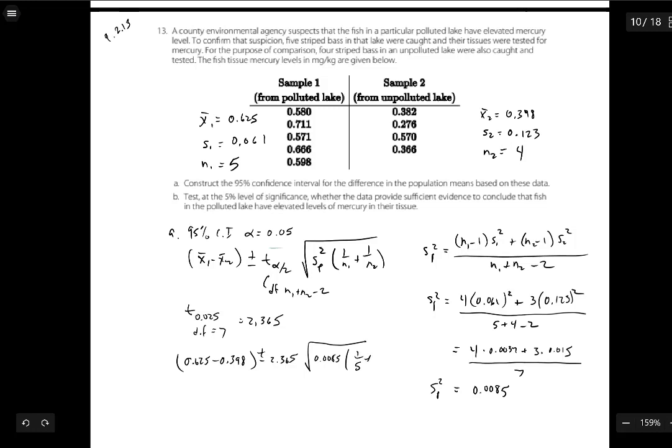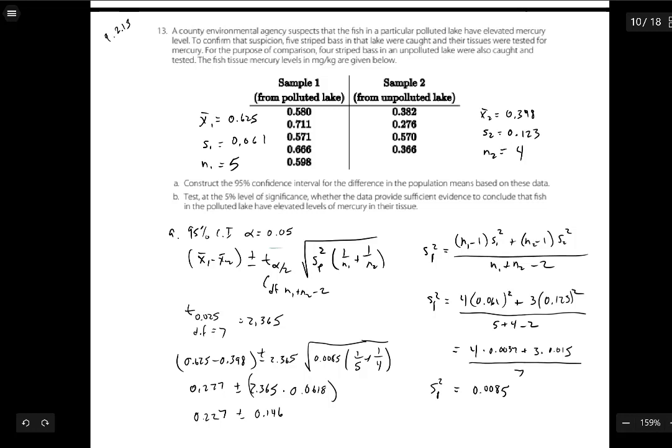So I wind up here with 0.227 plus or minus 2.365 times 0.0618 when I work out the square root, which is going to be 0.227 plus or minus 0.146.